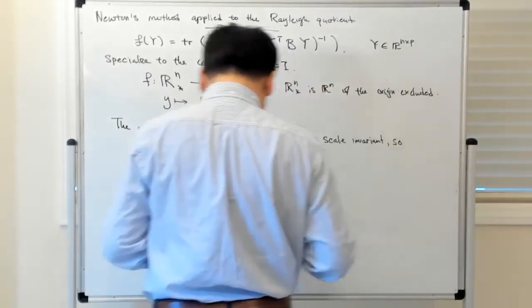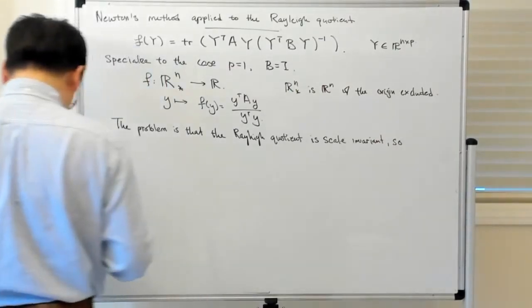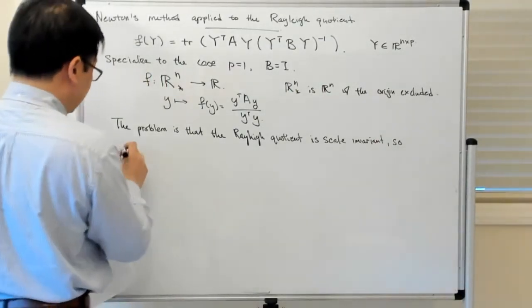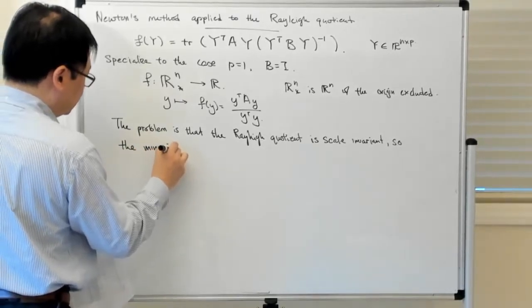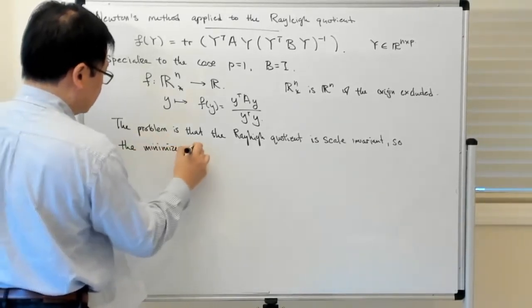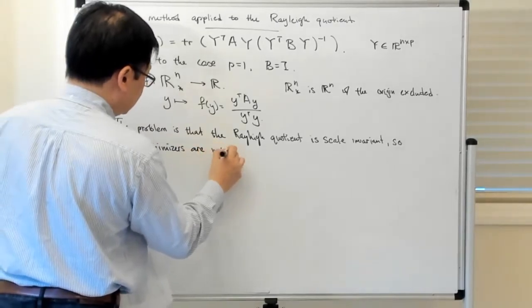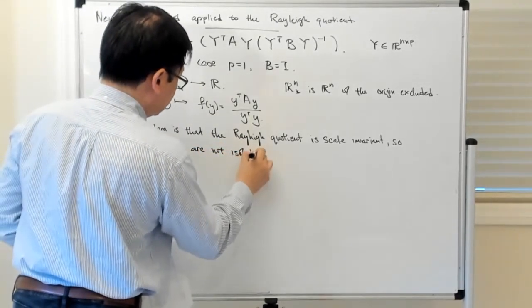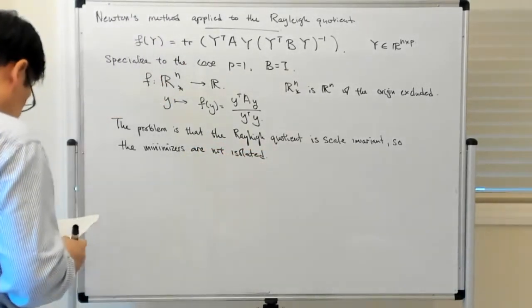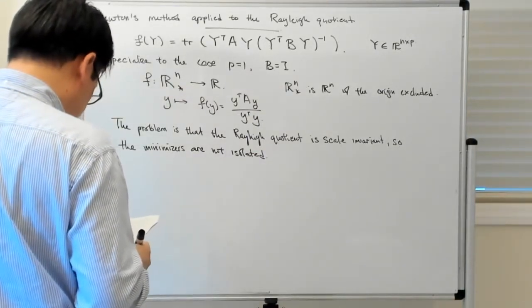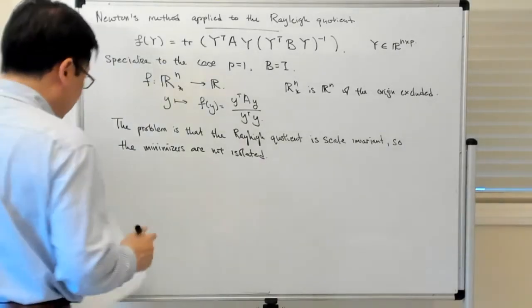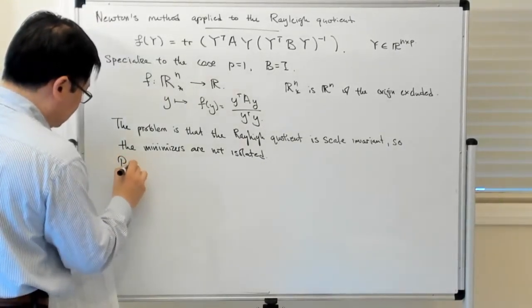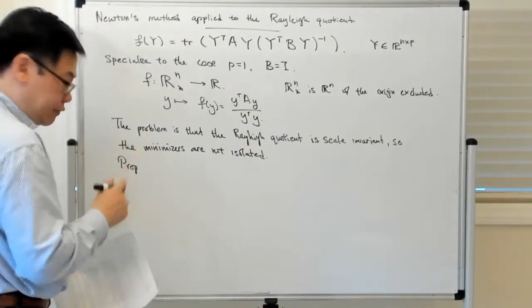So the minimizers are not isolated, and that gives you a problem. Let's see what happens when you apply the Newton method to this.